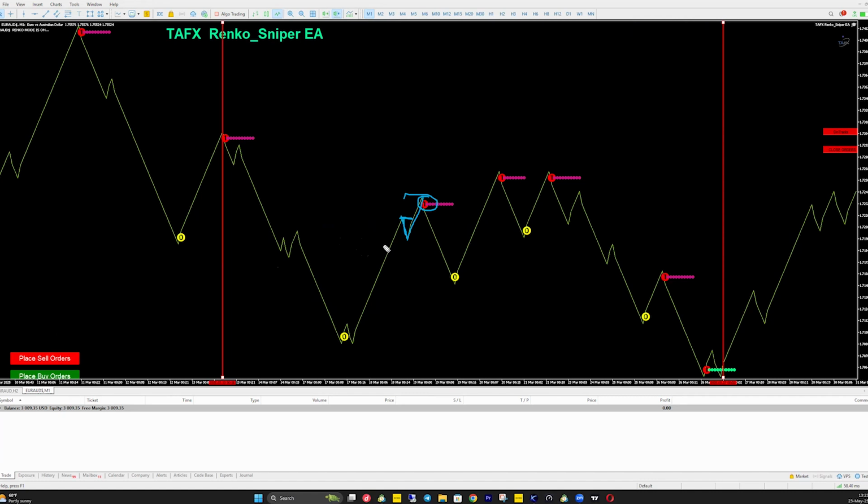And you can see the reason why I've been telling you the system contains scalping and long trade. So at this area, this is a take profit.